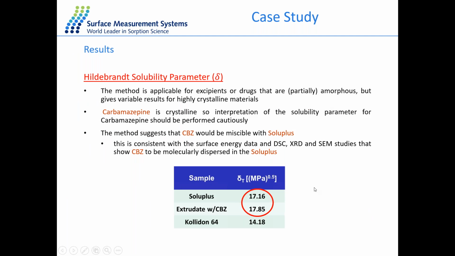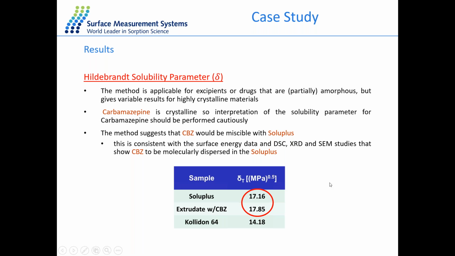We have then carried out the solubility experiment. The solubility experiment is very useful for excipients or drugs that are partially amorphous. For more crystalline material, you should be quite cautious when interpreting these results. However, we calculated the results for the Soluplus, our carbamazepine plus our Soluplus, and the Kollidon.